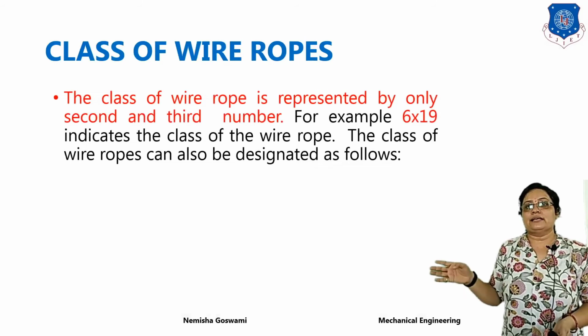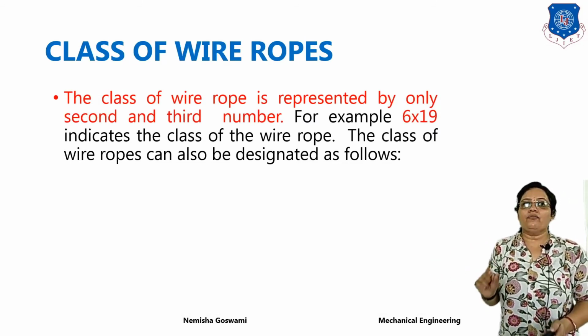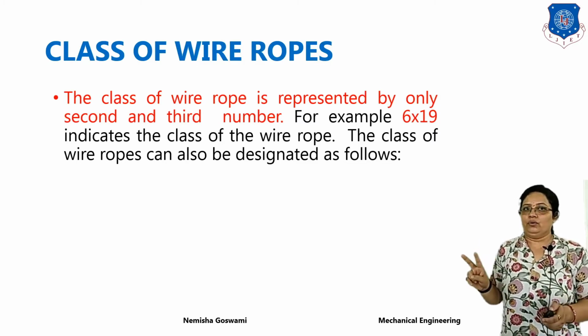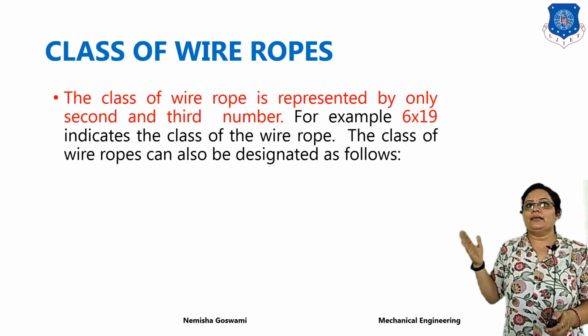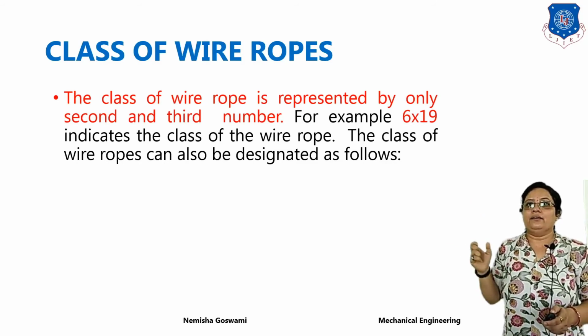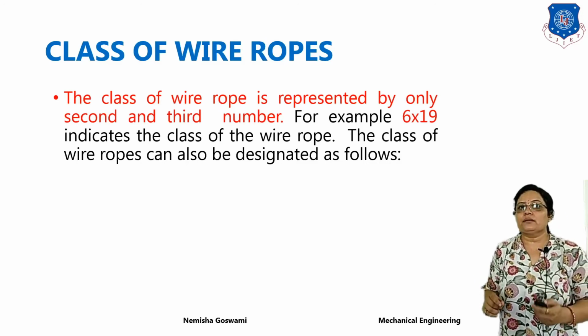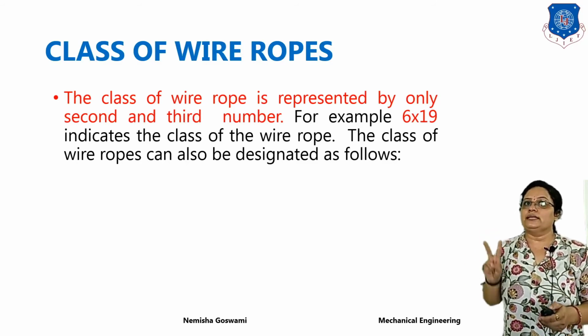Next, one example. Generally the first number indicates your diameter of wire rope. So generally the class of wires is denoted by 2 numbers, meaning the second and third. So for example, here 16 and 19 indicate the class of wire ropes, meaning the class of wire ropes is defined by the last 2-digit number.